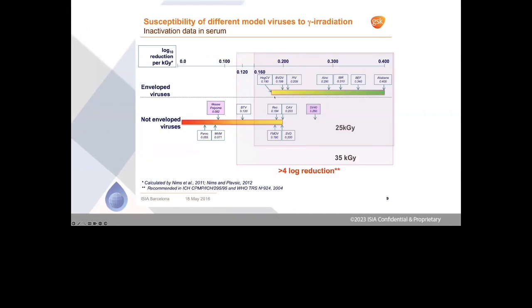These are all enveloped viruses, and so you're getting a good amount of viral load reduction in all of these situations. If you go up to 35 kilograys, you'll get bluetongue a little bit better, but you've still got all these small unenveloped viruses like parvo that are not being hit by the irradiation. And so, you know, you can crank it up a lot higher, but all you're doing is killing the serum.